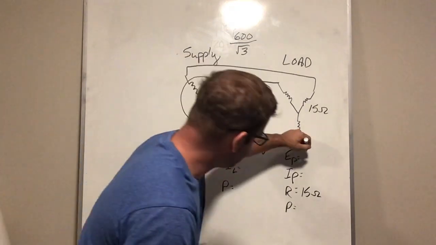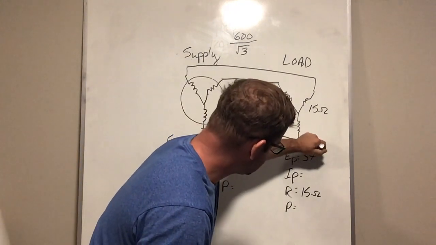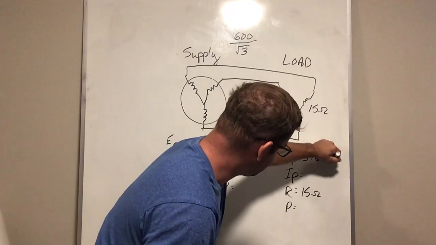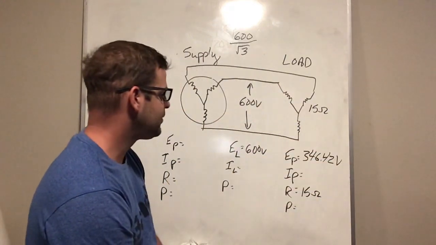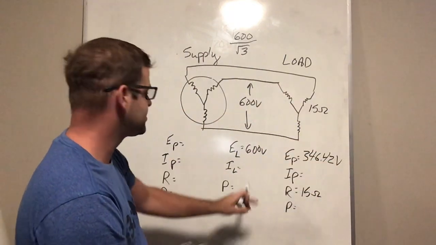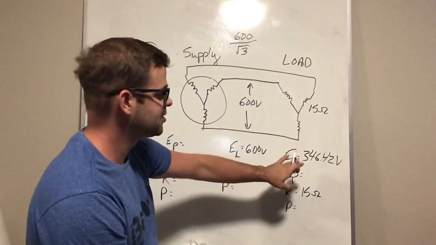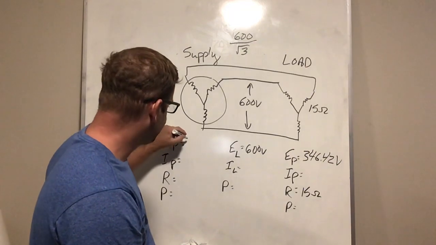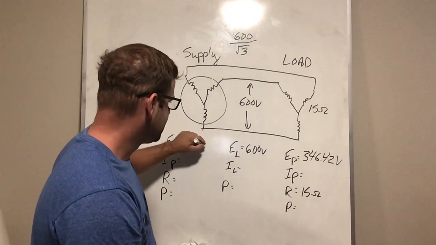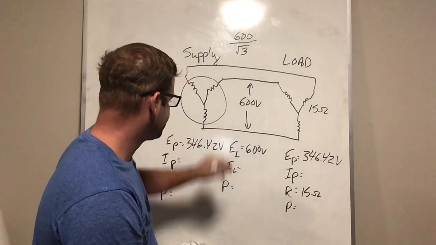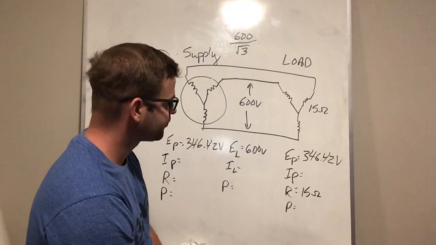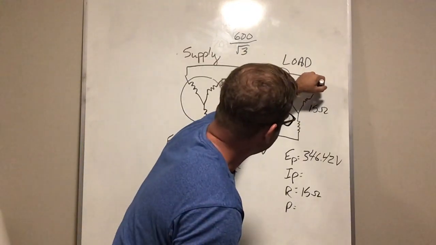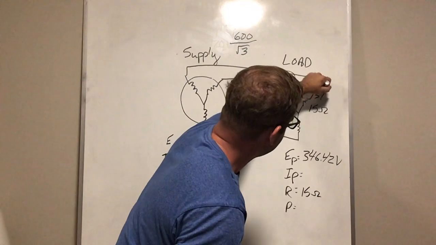Let's keep the decimal the way it is. 346.42 volts as our voltage in the phase. So if that phase voltage is 346.42 volts, that also means I have 346.42 volts on this side as well.